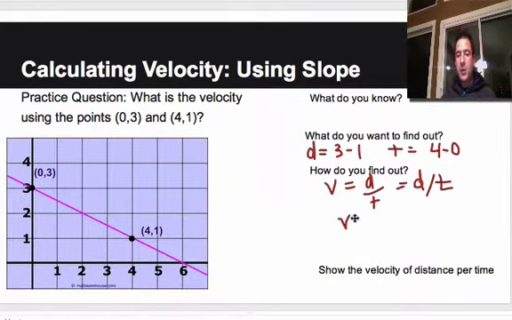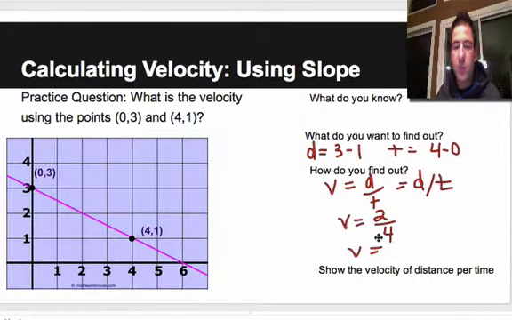So I plugged that stuff in, and I'm going to get 2 over 4, and that's going to determine my velocity here. Remember, velocity is measured in meters per second. If you want to calculate that, then you actually have to divide it, and you're going to get a calculation in meters per second.